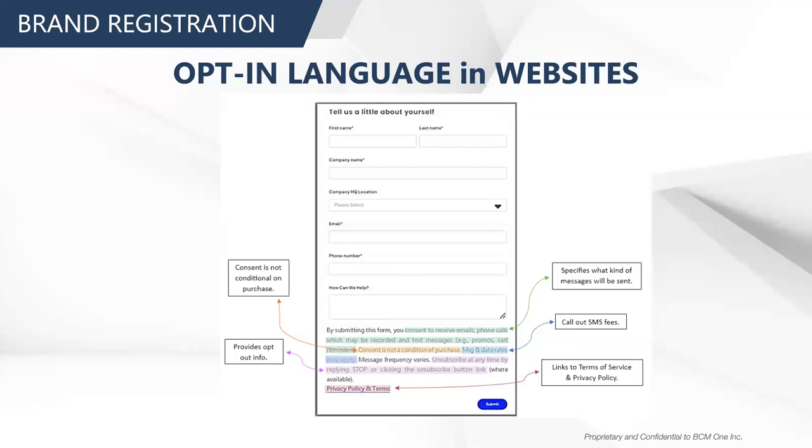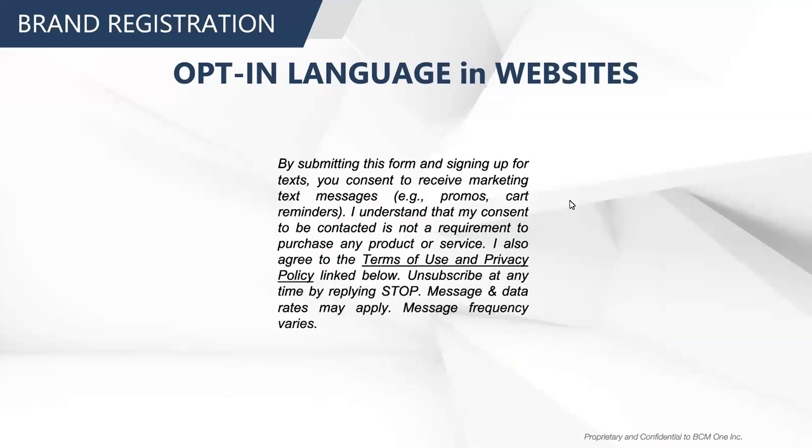An effective opt-in language ensures compliance and enables express consent. SMS disclosure should be complete enough to enable the person viewing them to realize that they are consenting to receive messaging from the business. So here is an example of an opt-in language or an SMS disclosure.